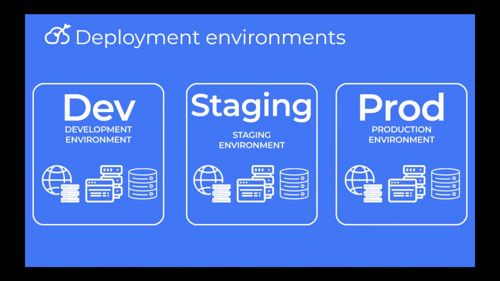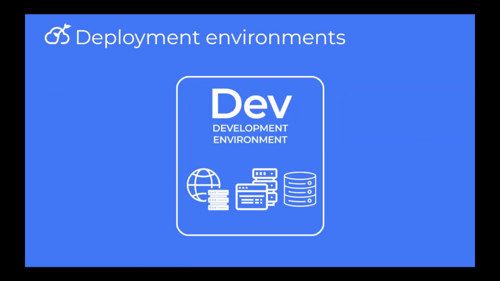A deployment environment is a discrete set of resources to which an application is deployed. Teams often use a number of development, staging, and production environments as part of their continuous delivery process. Let's take a look at them. Development environments let developers examine preliminary and potentially problematic code changes.